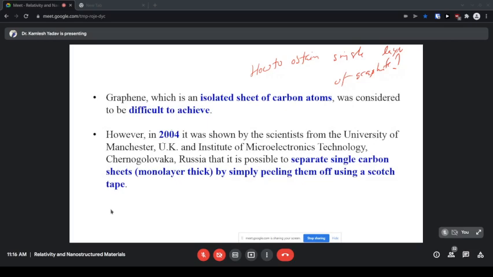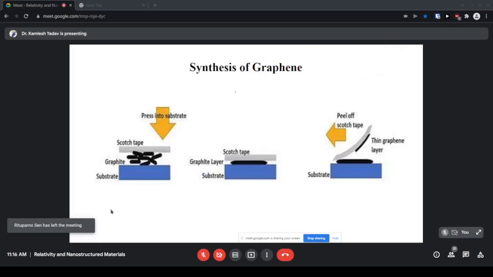Graphene was discovered in 2004 by these scientists, and they separated a single layer of carbon from graphite using the scotch tape method. How to synthesize? Let us consider we have a scotch tape, and this is the graphite.